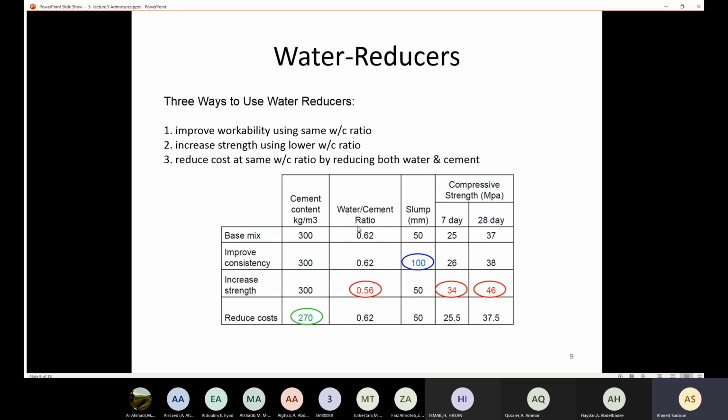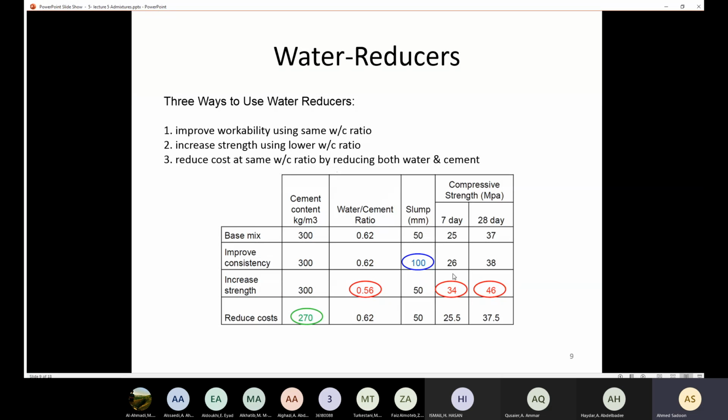In the base mix, I used 0.62, but here I use 0.56. So here I use a lower water cement ratio, and I add water reducers. And as a result, the slump test is the same as the base mix.